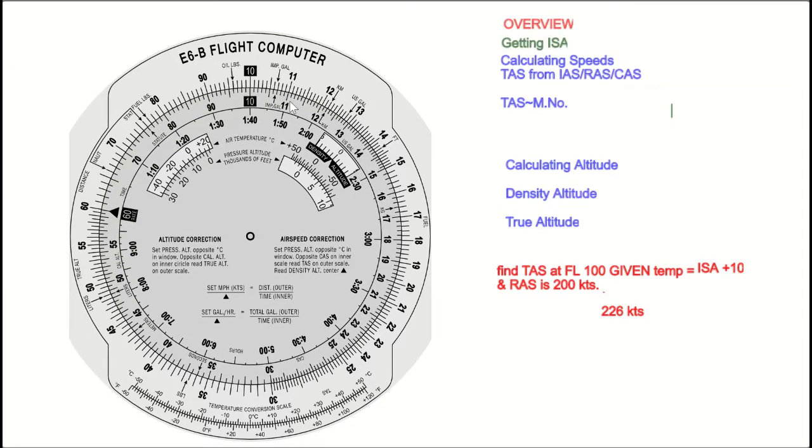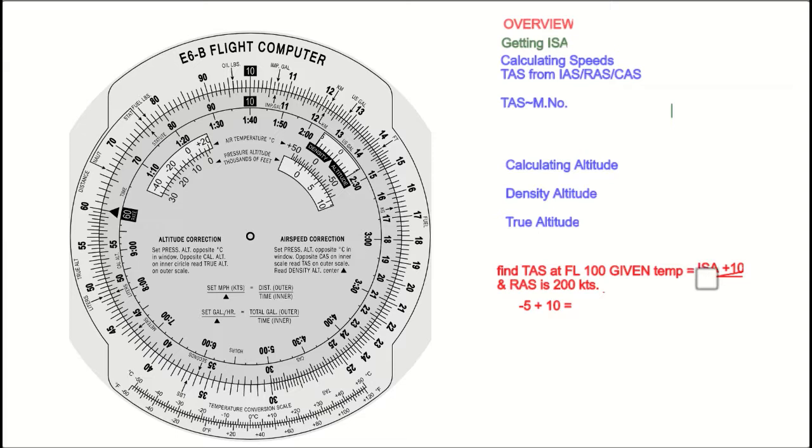And I'll see at flight level 100 the temperature should be minus 5. So the temperature should be minus 5, and plus 10 is given here, that means ISA plus 10.